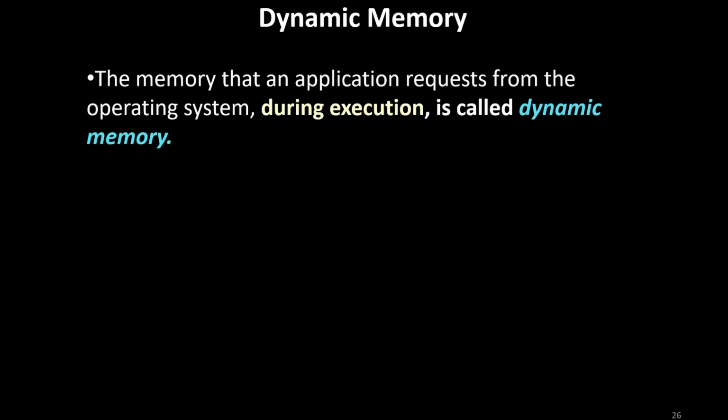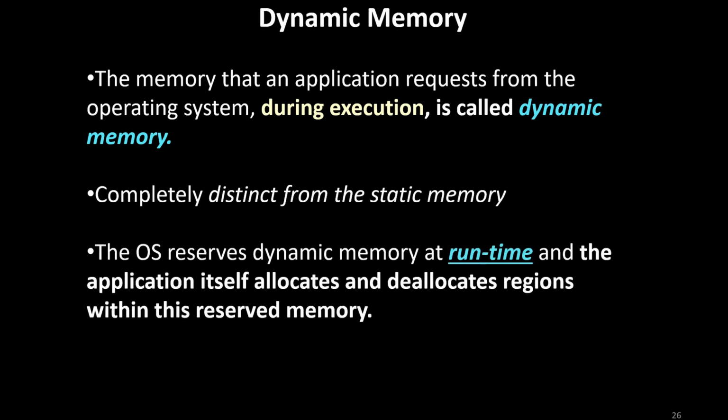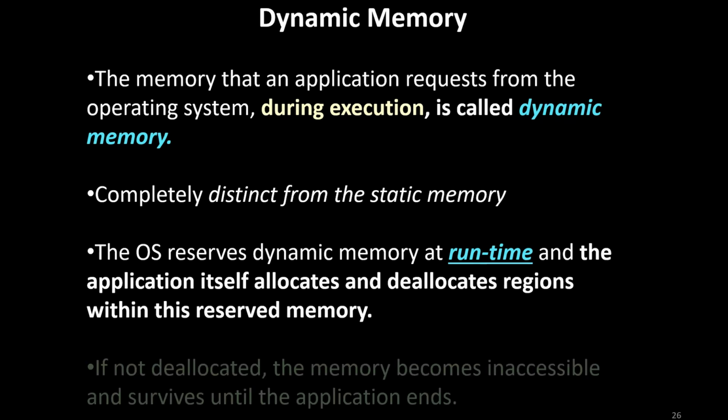And dynamic memory, which is the memory that an application requests from the operating system during execution, is called dynamic memory. It's completely distinct from static memory. And the operating system reserves dynamic memory at runtime, and the application itself allocates and deallocates regions within the reserved memory.